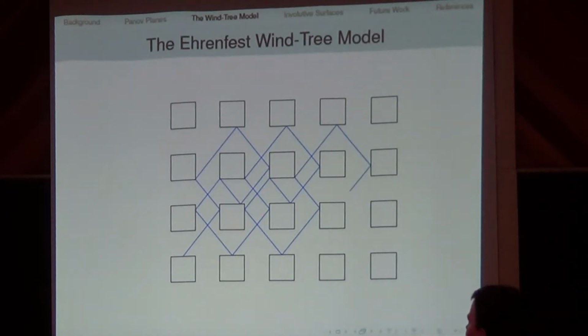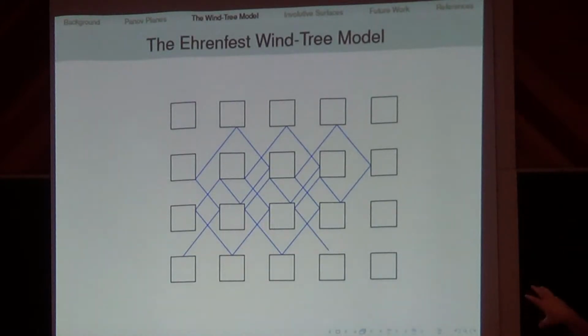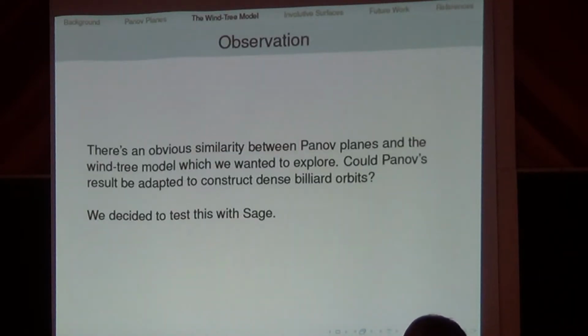So just remember the wind tree model is this billiard table where you have these periodic obstacles at the integer lattice points in the plane, and you have a billiard that's bouncing around. Okay. So since we had these dense trajectories in the case of the Panov plane, and we had this thing that looked similar to this wind tree model, we wanted to know if the same trajectories for the same size obstacles and everything would be dense for the wind tree model.